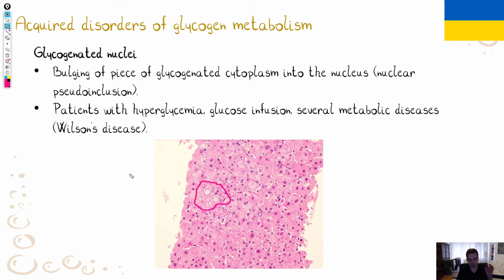This is a bulging of a piece of glycogenated cytoplasm into the nucleus. And you can see it in patients with hyperglycemia, for example, diabetic patients. It can be seen in several metabolic disorders such as Wilson's disease, but it can be induced by simple infusion with glucose.